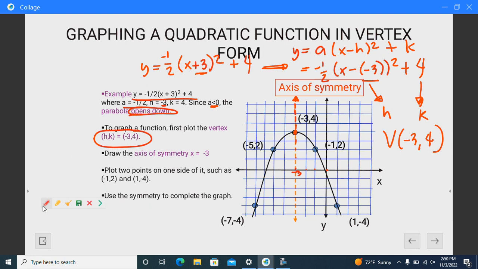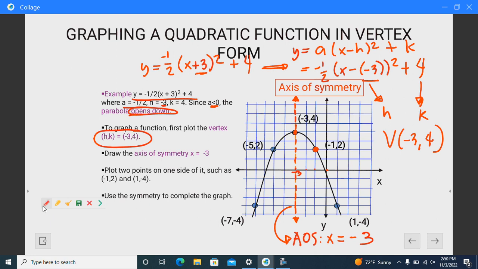And that is our axis of symmetry, AOS, which is x equals negative 3.